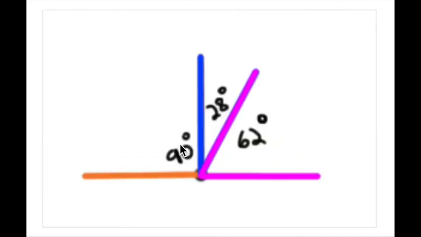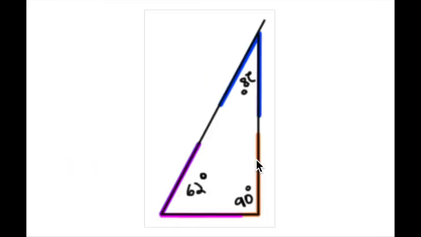So if you take these 3 angles now and you cut them out, we did this activity before, you cut them out and you reposition them, you can only get one triangle in the end. And that triangle is this triangle right here, 90 degrees, 62 degrees, and 28 degrees. Now you can come up with different looking triangles.